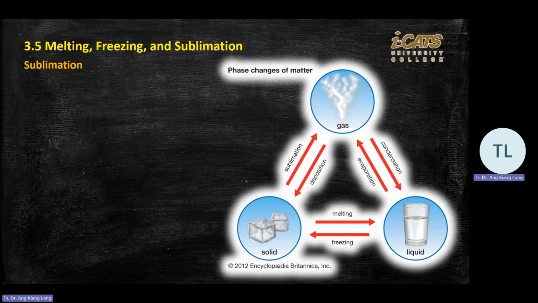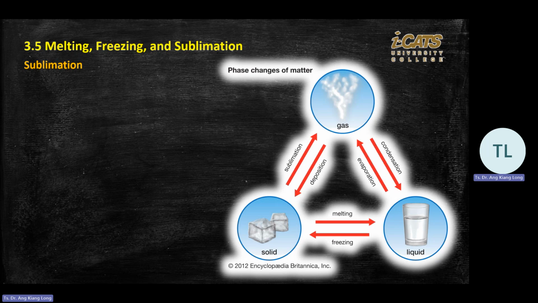The good example is dry ice. Dry ice experiences sublimation. We have covered evaporation, condensation, melting and freezing. For condensation and evaporation, you should also know which one is endo, which one is exo, and what happens to the delta H.